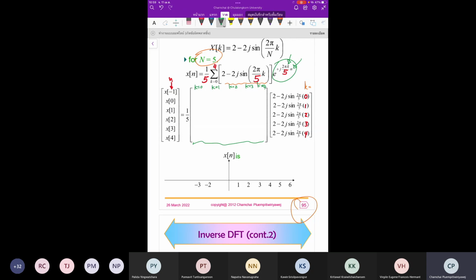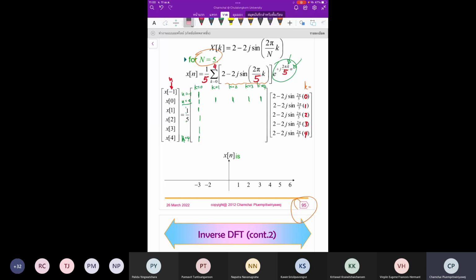And for the rows, it's n equal to negative 1, n equal to 0, until n equal to 4. So it's e to the power of k times 0, which is 0, so it's 1. And when n is 0, it's also 1, right? 1, 1, 1, 1, 1, 1.